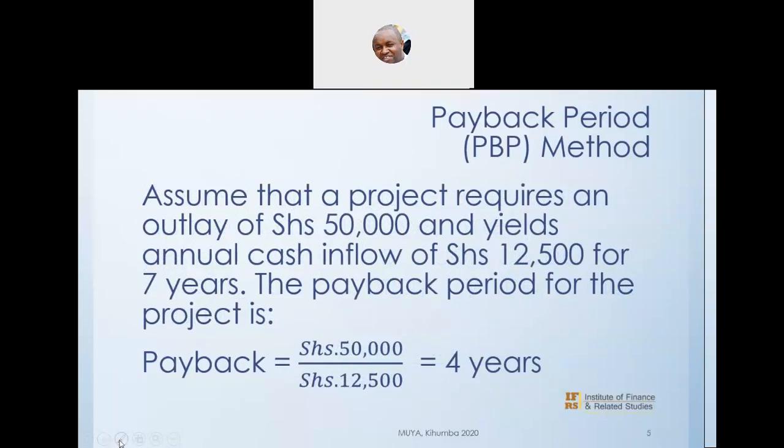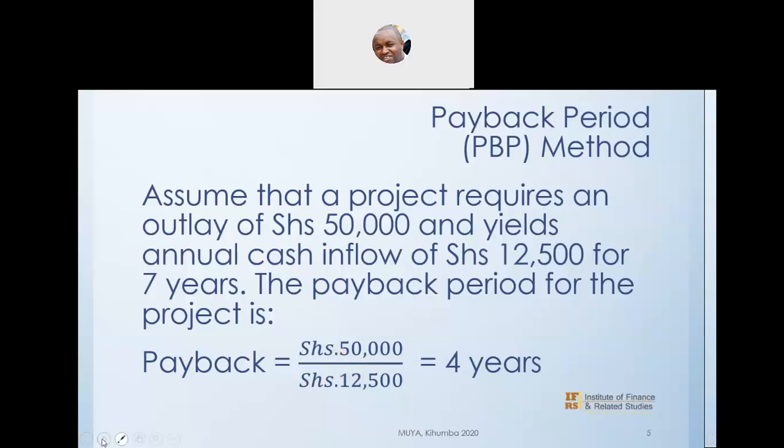The payback period will simply be our initial investment, which is 50,000, and we divide that by annual cash flow, which is 12,500, and we expect our project to have repaid itself back within 4 years. That would be the payback period of that project. And so long as the cash flows are constant, then we can compute our payback period as we have.